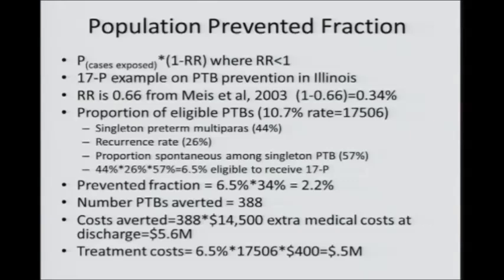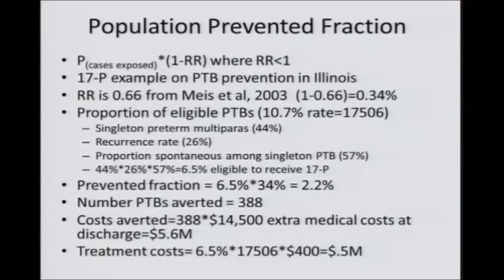And when you multiply that by the number of preterm births, that's 388 preterm births prevented, and you can look at that and multiply it by the extra medical costs. It is the immediate, I think I had first year before on this slide. That translates to 5.6 million.